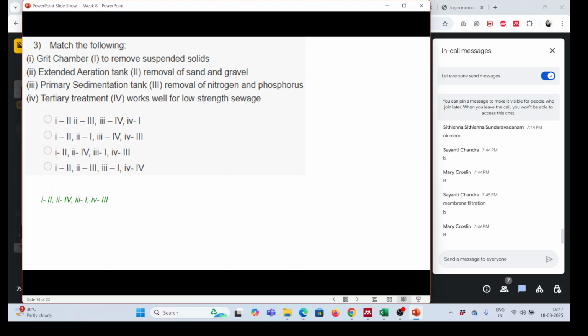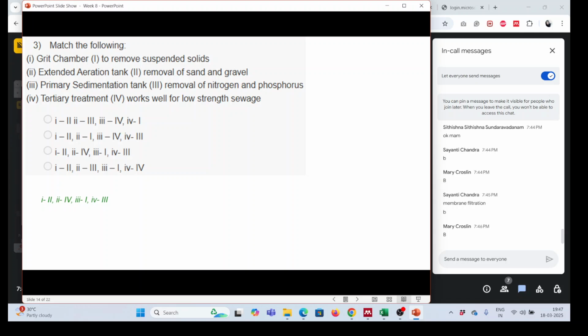So aeration tank is kind of a big tank with lots of baffles. When the strength of wastewater is really low, the bacteria won't be able to work properly. So that is why we use extended aeration, so that we provide more and more aeration for the bacteria to grow.